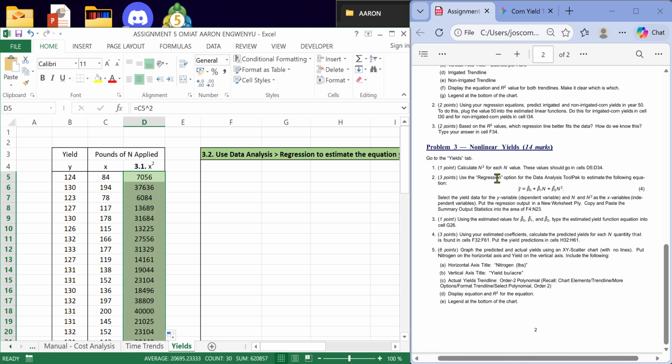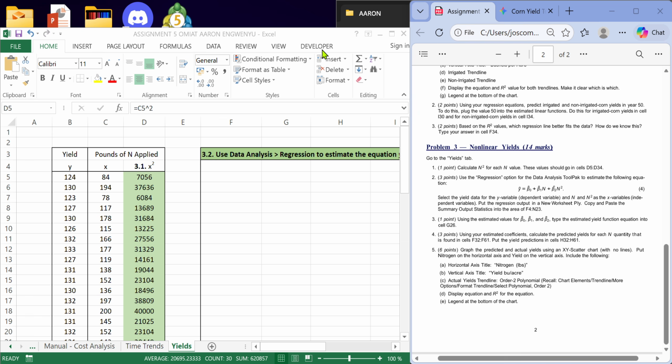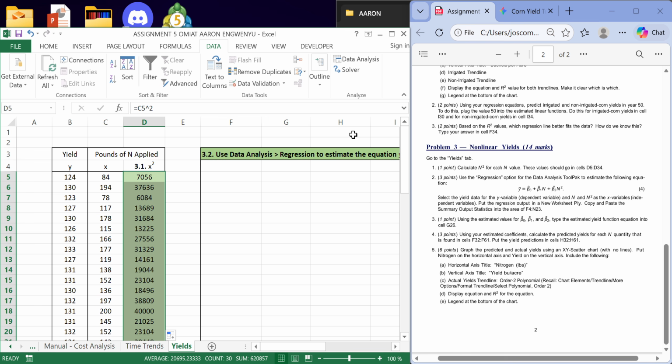Then the next thing: use the regression option for the Data Analysis ToolPak to estimate the following equation. Select the yield data for the y variable.